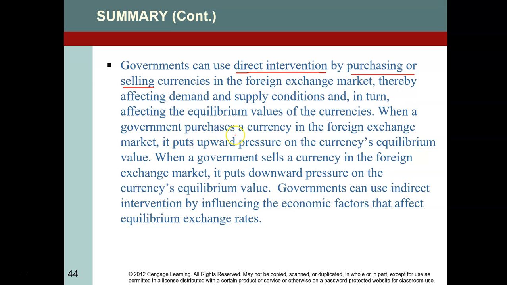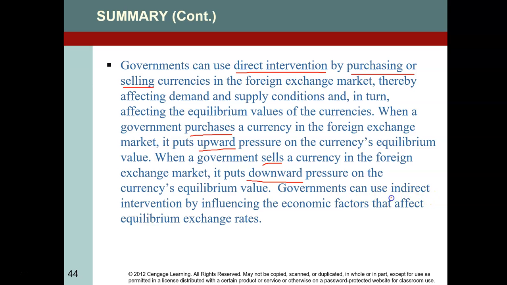When a government purchases a currency in the foreign exchange market, it puts upward pressure on the currency's equilibrium value. Okay, when you're buying something, you're increasing its demand, so the price will be higher. When the government sells a currency in the foreign exchange market, it puts downward pressure on the currency's equilibrium value.